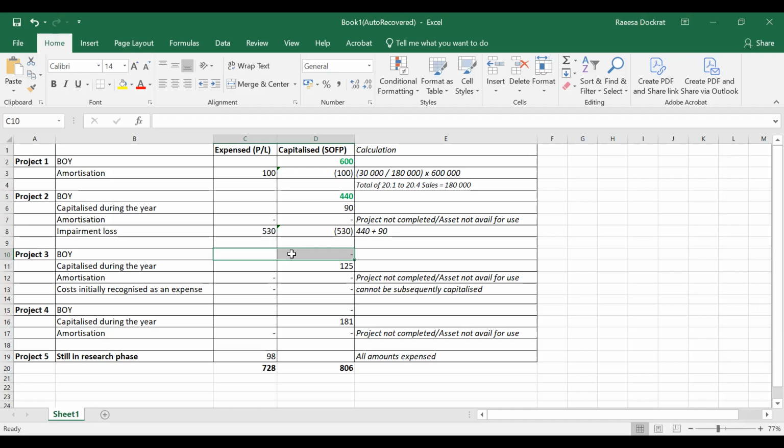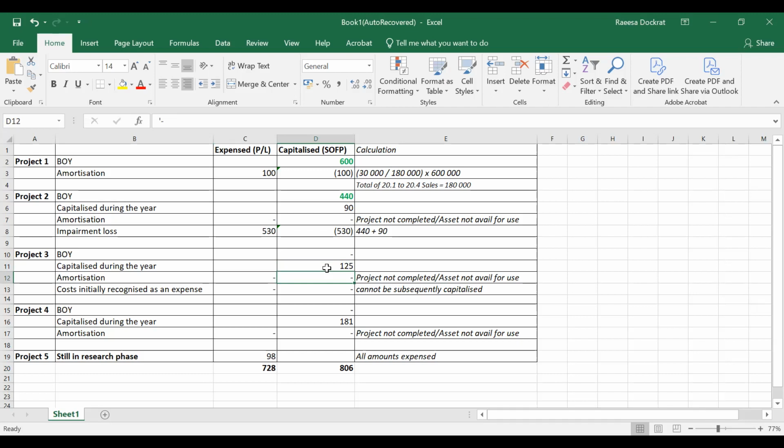But any amounts that have been expensed as and when they were incurred cannot subsequently be moved to the asset. We cannot say we expensed it last year, but now we know this asset is going to be profitable, so let's go and capitalize that cost. That's not within our accounting principle, okay? So the only aspect to be capitalized is the research and development costs which were incurred during the year. The project at this point was still not completed, and if it was not brought into use, it means that we do not start amortization on it.